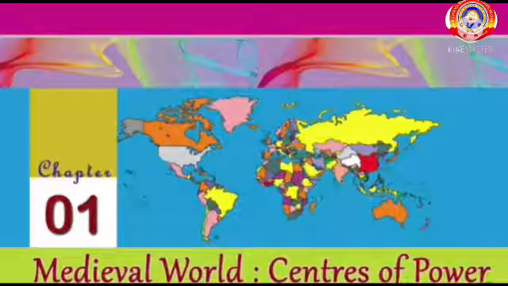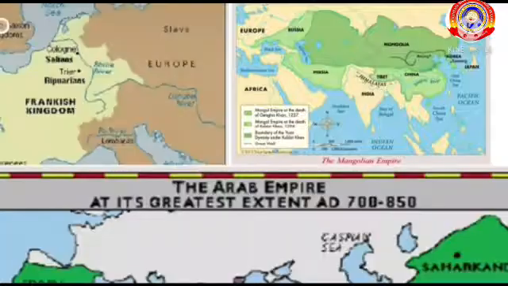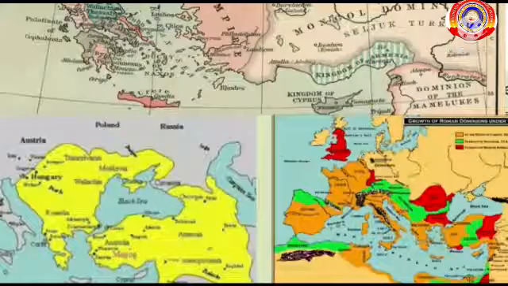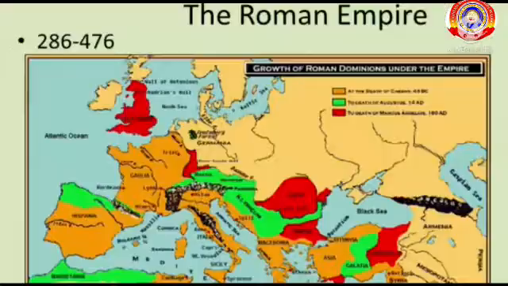Now we are going to start the chapter-wise analysis of medieval world centers of power. In this period, lots of dynasties existed. The political structure of the medieval world was similar, but there were differences in the forms of authority. First, the Roman Empire. The Roman Empire was the largest ancient empire.